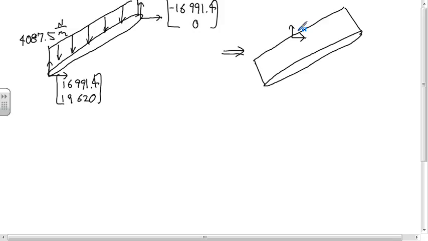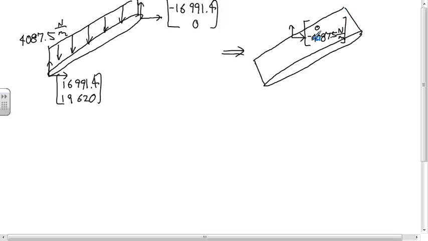What's the horizontal component of this distributed load vector? 0. And what's the vertical component? Yep, negative 4087.5. And I always write the units in here to try to keep myself from getting confused.